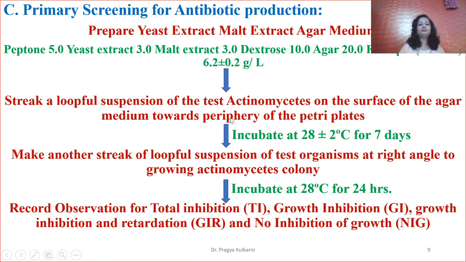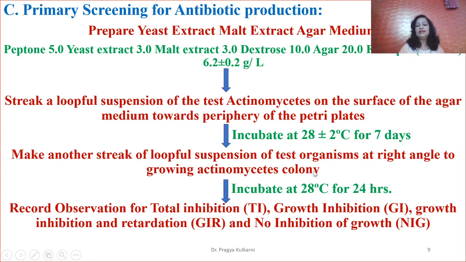For that, we inoculate our pure culture in the periphery of the Petri plate. Sometimes it is inoculated as a single streak in the center, leaving space on both sides.